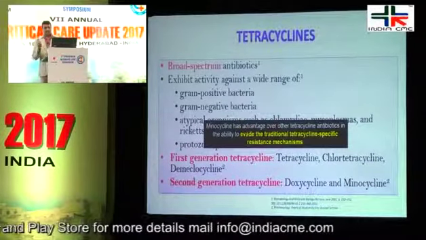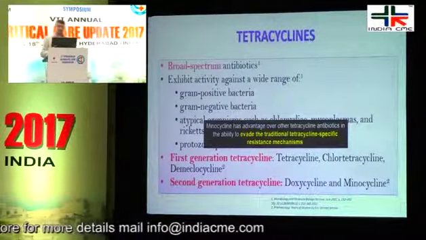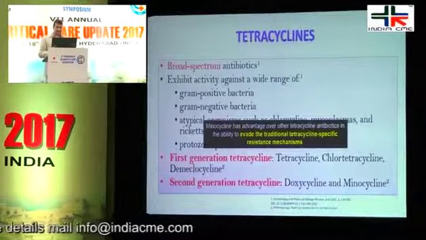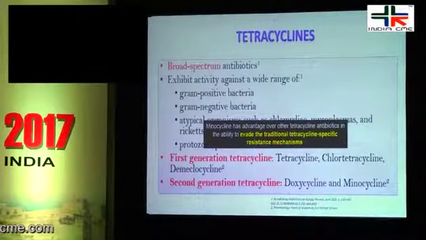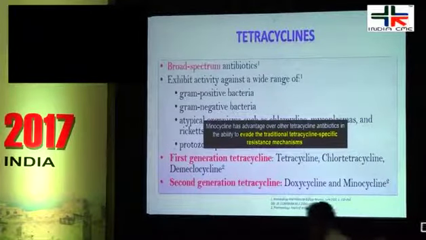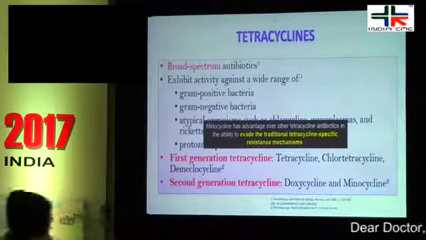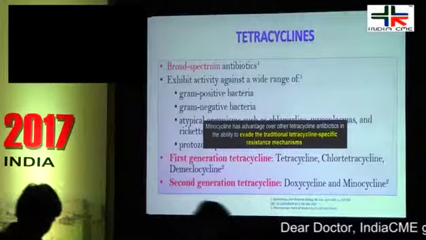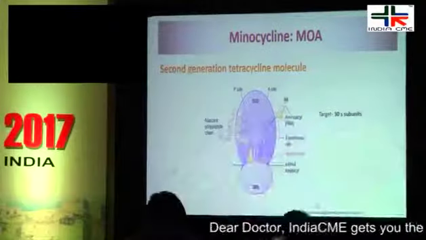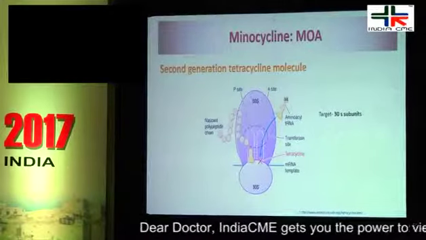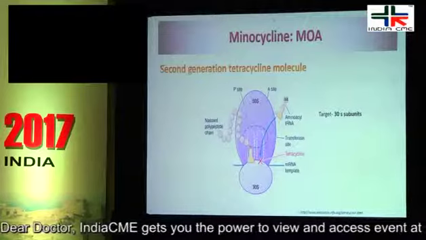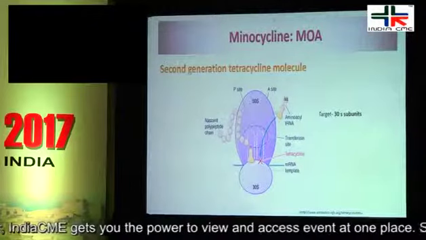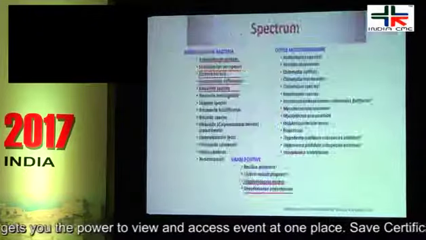The main advantage of minocycline over the other tetracycline antibiotics is that it evades the traditional tetracycline-specific antibiotic resistance mechanisms. So it acts on the 30S subunit of the ribosome and inhibits protein synthesis. That's how the mechanism of action is, like any other macrolide group.